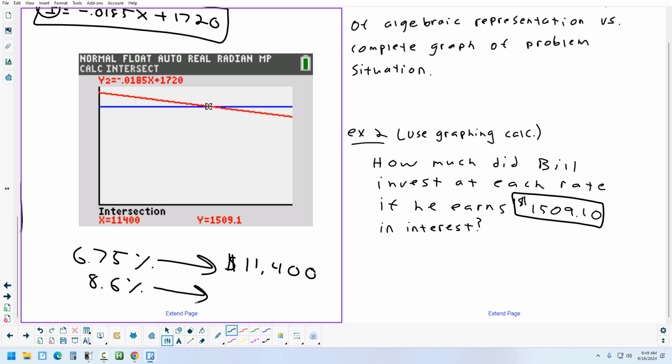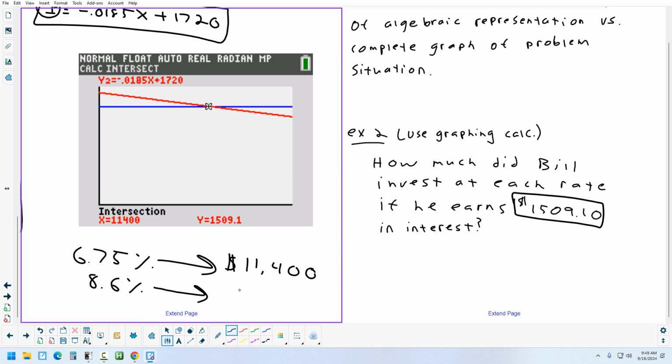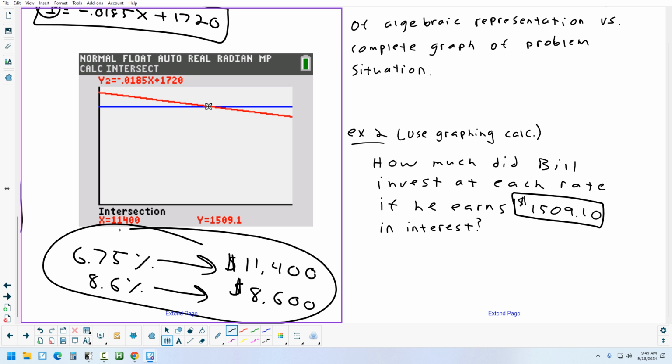You would just subtract 11,400 from 20,000. That leaves me with 8,600. Yeah, so 8,600. And that's how much money was invested at each interest rate.